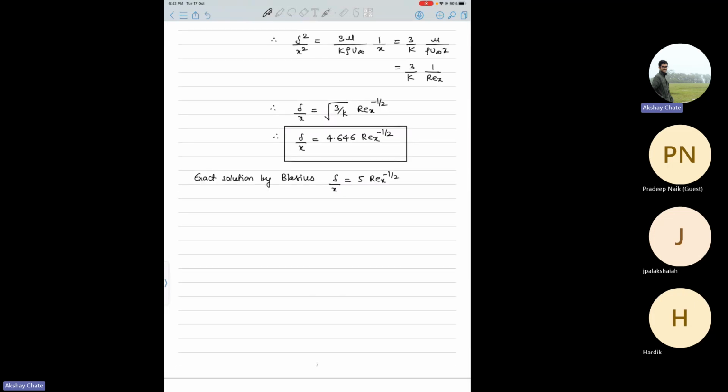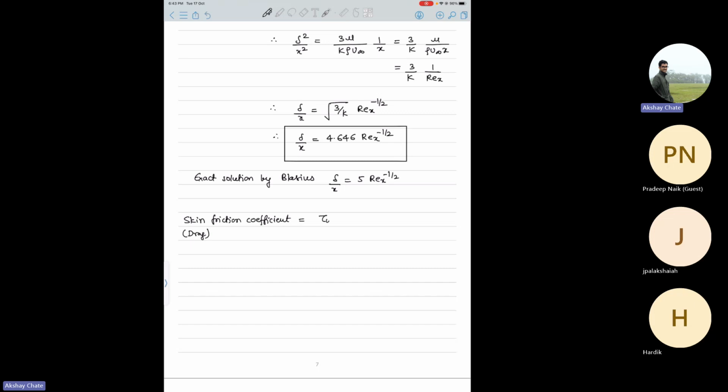And then there is one more thing, which we call the skin friction coefficient. This is also called the drag coefficient, because they are all associated with something which is parallel to the flow direction.